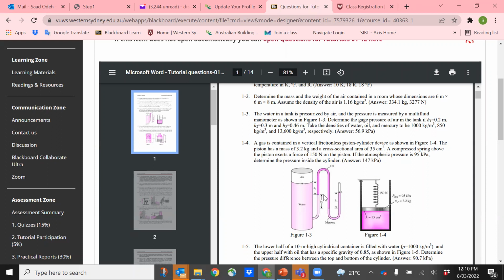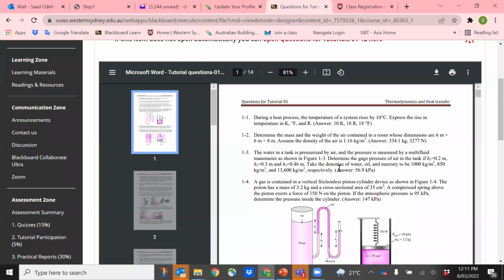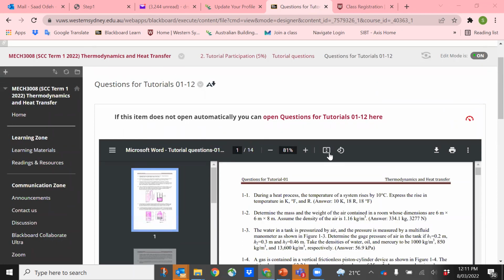The height of the water pushes the oil down here, and then pushes the mercury up. So you know that the pressure inside the tank is higher than the atmosphere. Start to work on these questions. Even if you don't know how to do it, try your best, and when you come to the tutorial class next week, the teacher will help you.